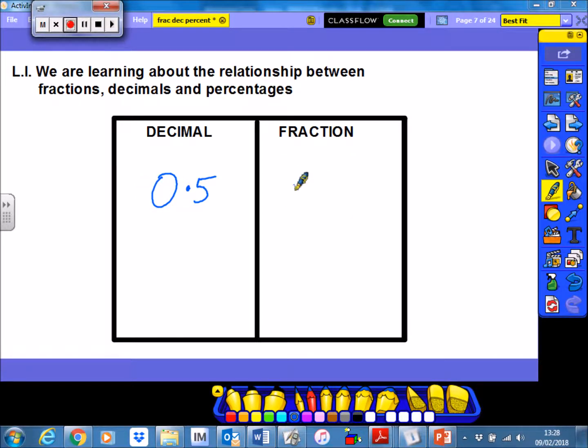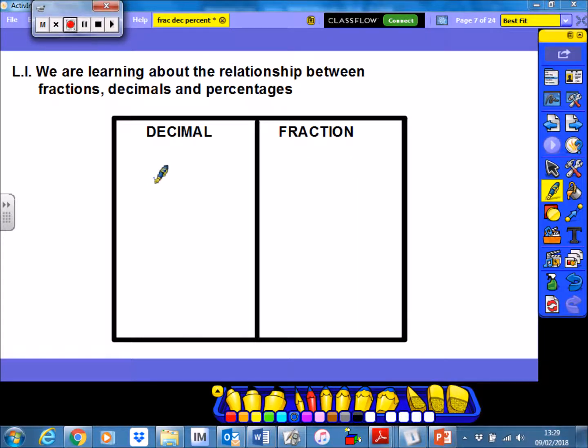If I take 0.5, that is 5 tenths, which again I could simplify by dividing them both by 5. So 5 divided by 5 is 1, 10 divided by 5 is 2. So 0.5 is the same as a half.